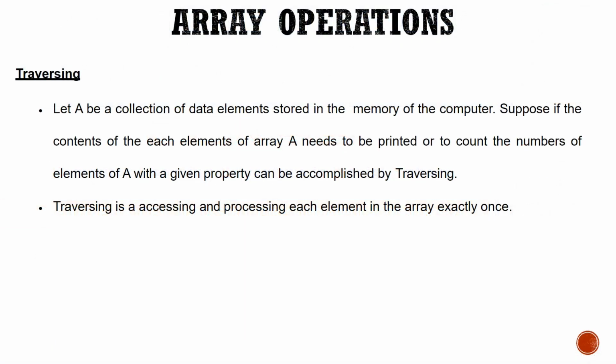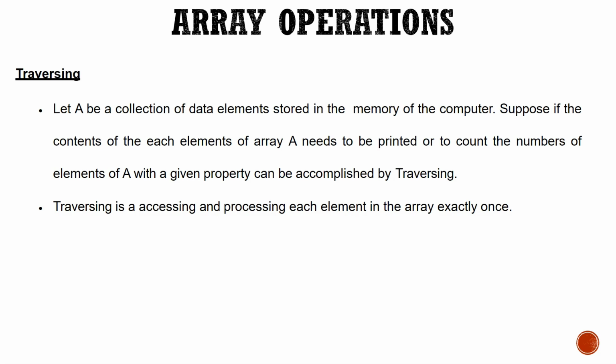The basic array operation is traversing the array. Traversing the array is nothing but accessing or processing each element in the array exactly once. Let A be an array, which is a collection of elements stored in the memory of the computer.